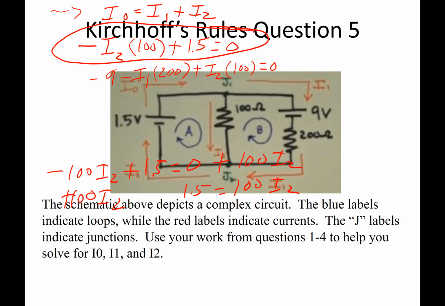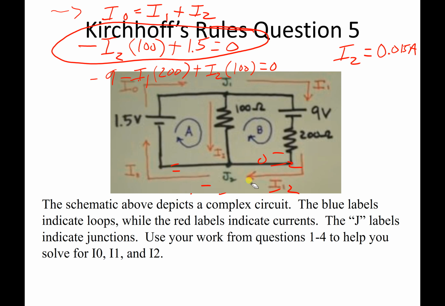I'm going to divide both sides by 100. I2 is going to be equal to 0.015, and that's in amps. Now I'm going to take the other equation and write it out.